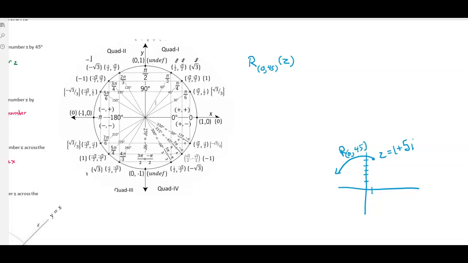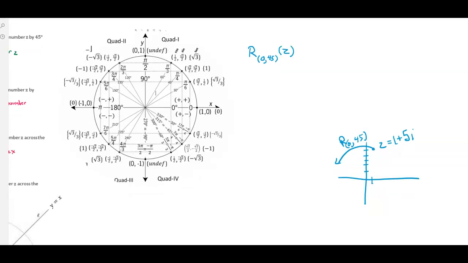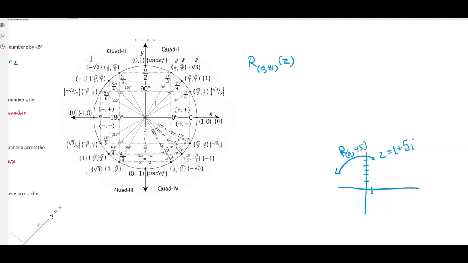Okay, if the 45 was negative, then you would rotate it this direction. So this would be negative 45. Okay, because remember, this right here is clockwise, and this angle is counterclockwise.